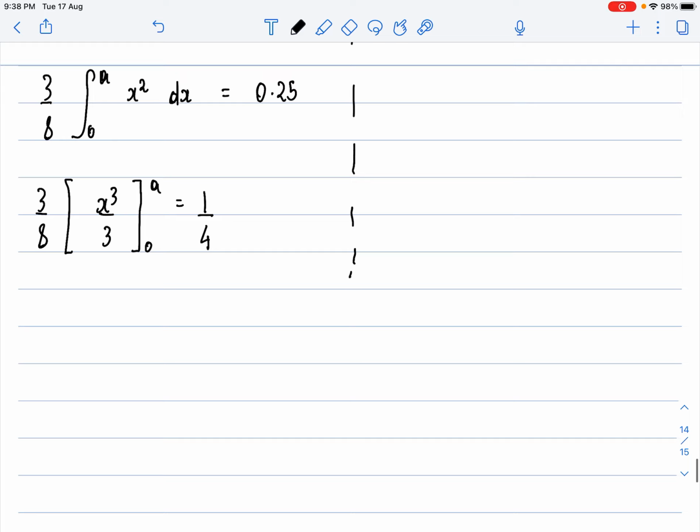Before putting in the limits, I can take 3/8 to the other side.